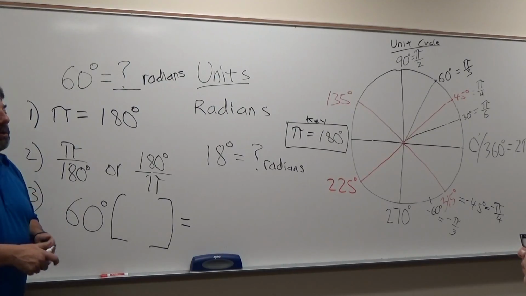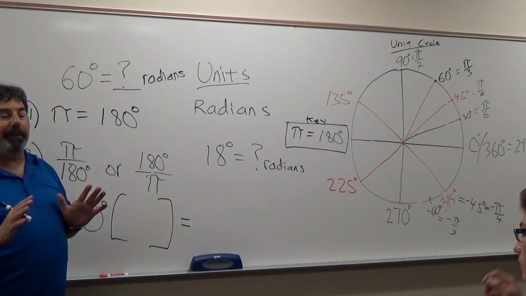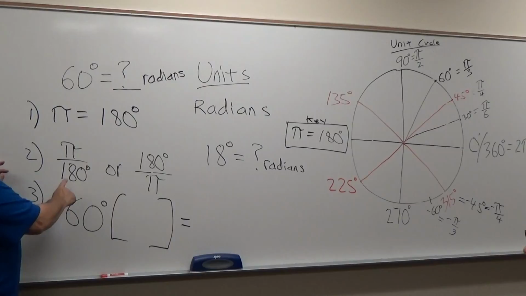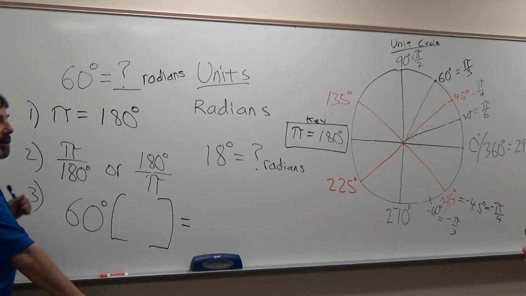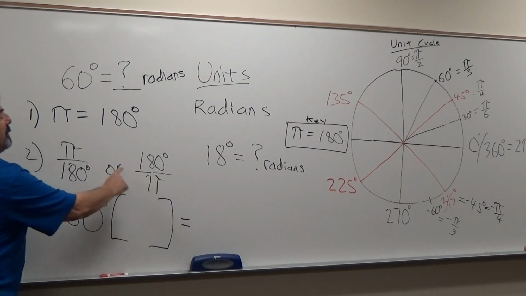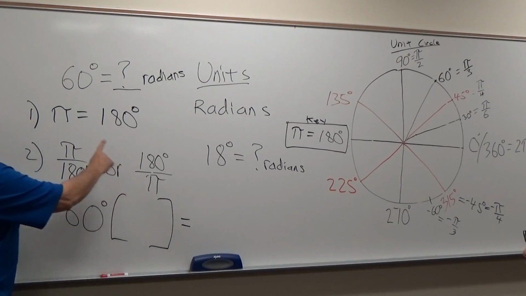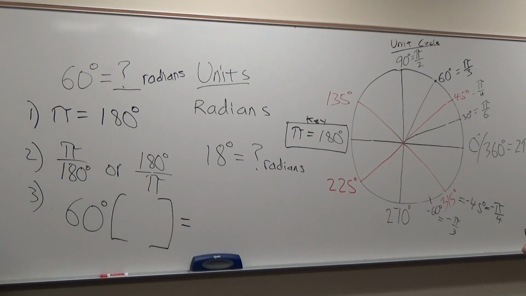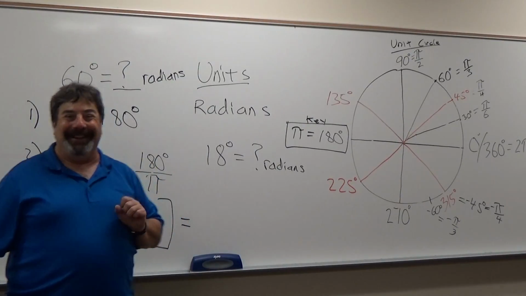So what you want to do is pick the one of the two fractions from step two that has the same units that we're converting out of, degrees, in its denominator. So which of these two fractions has the same units that we're converting out of in its denominator? Left or right? The first one, left. The left one, yeah.